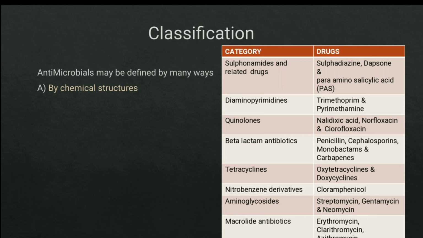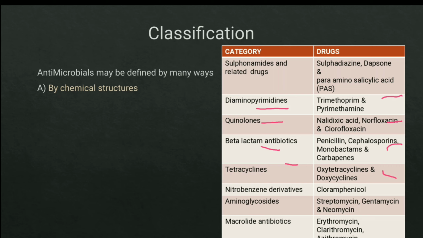After that we have diaminopyrimidines, in which we have trimethoprim and pyrimethamine. Quinolones: nalidixic acid, norfloxacin, ciprofloxacin. Beta-lactam antibiotics, in which we have penicillin, cephalosporin, monobactams, carbapenems.